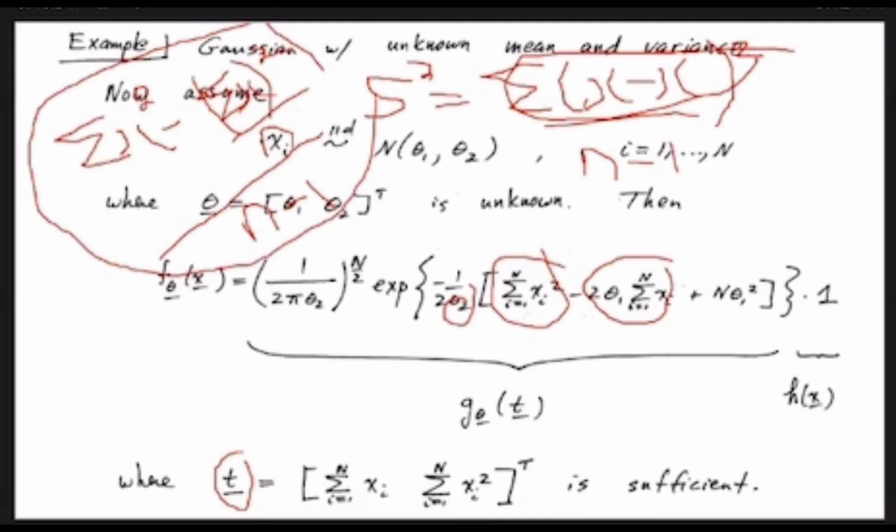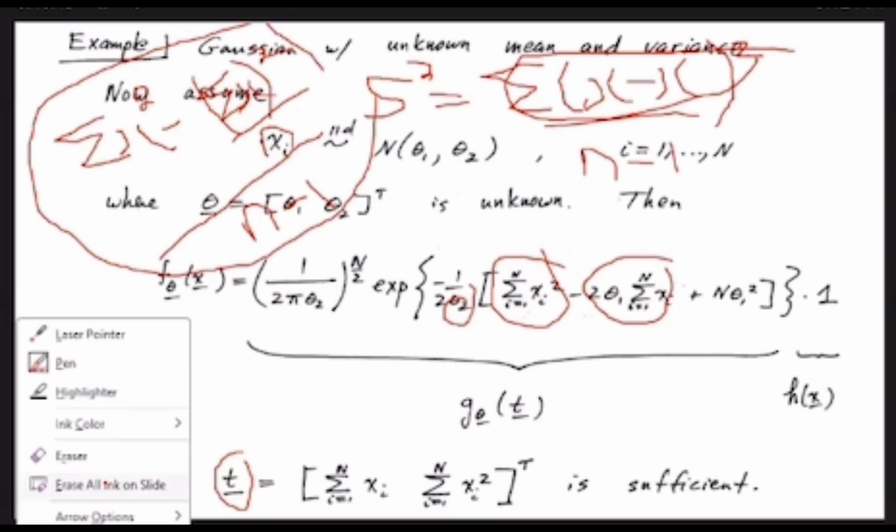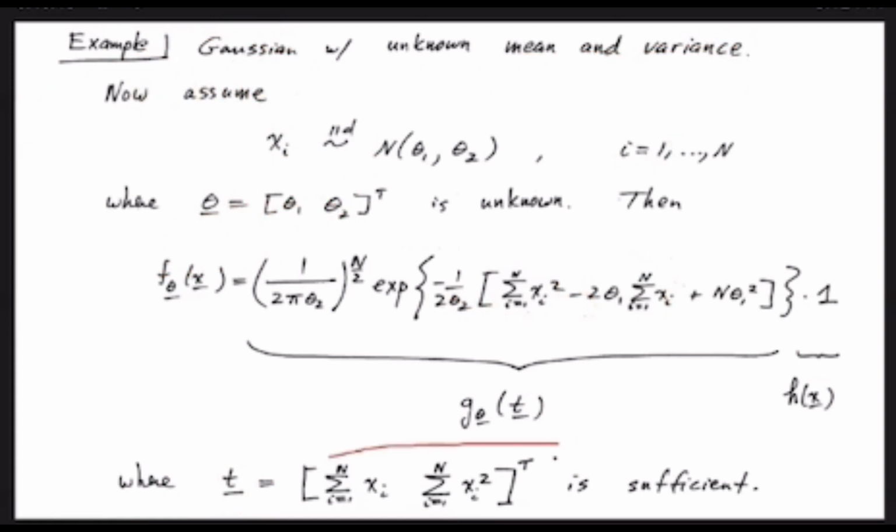And that is why if I want to get the sample variance, then I need summation S squared. So finally here, the statistic now is going to be a vector. Take a look at this. Summation x for theta 1, summation S squared for theta 2. The theta 1 is the mean, the theta 2 is the variance.